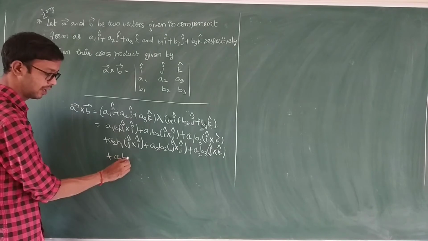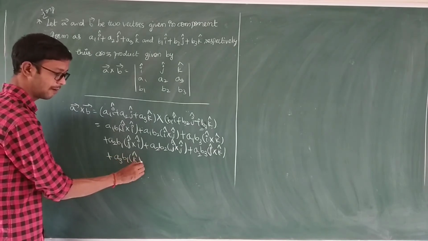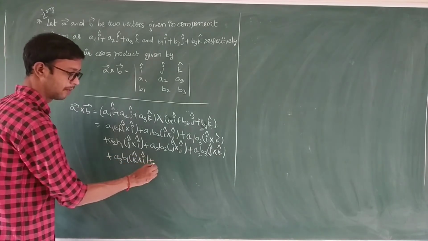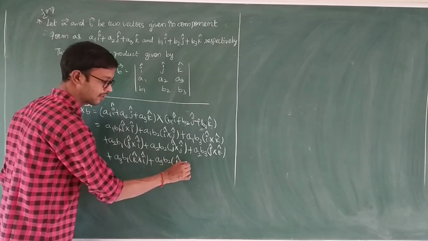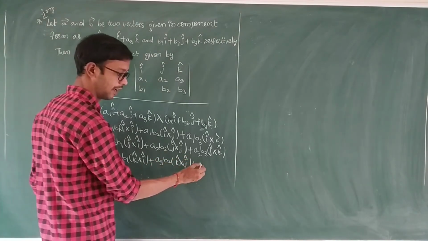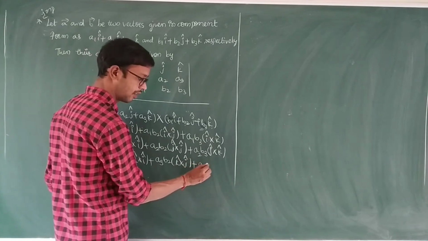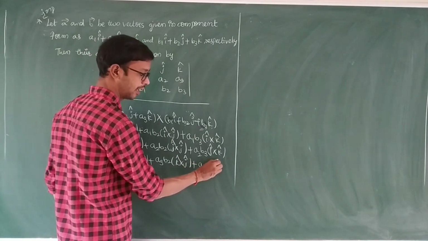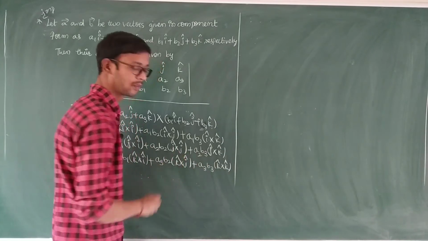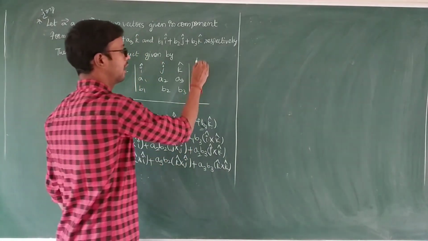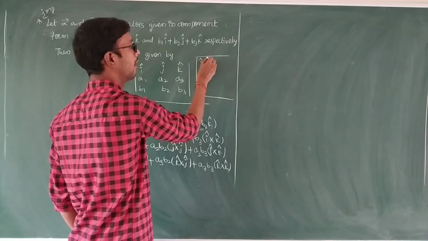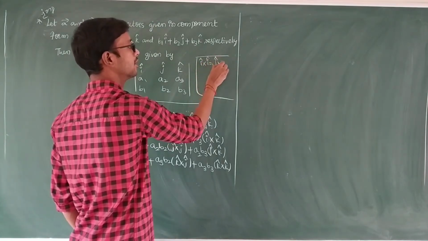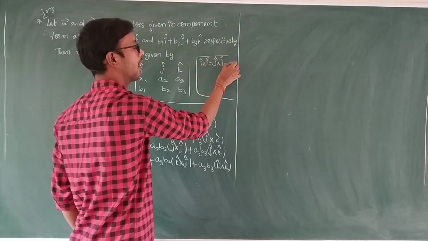A3 B1 k cap cross i cap plus A3 B2 k cap cross j cap plus A3 B3 k cap cross k cap.